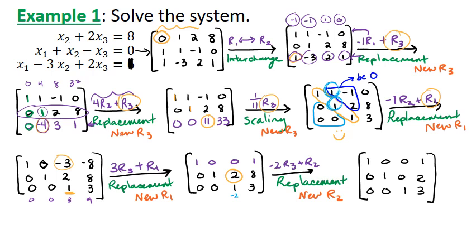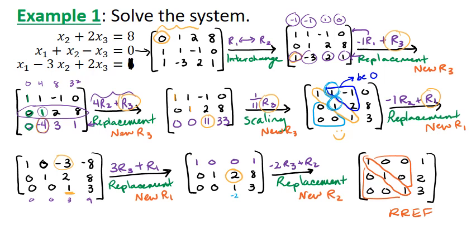We will talk about this form more in the next section, but this is referred to as reduced row echelon form. And what that means is we have 1s here, 0s here, 0s here. And this helps us identify what the solution is.